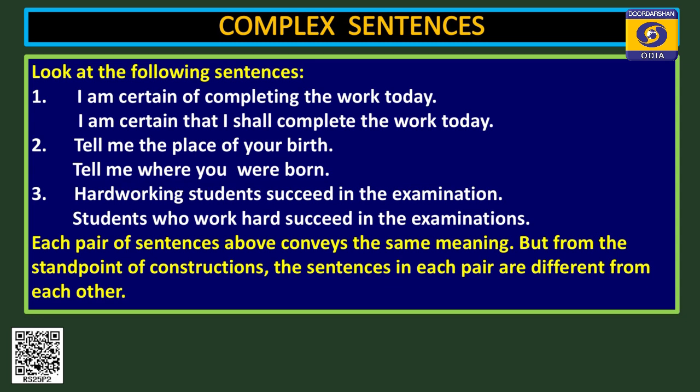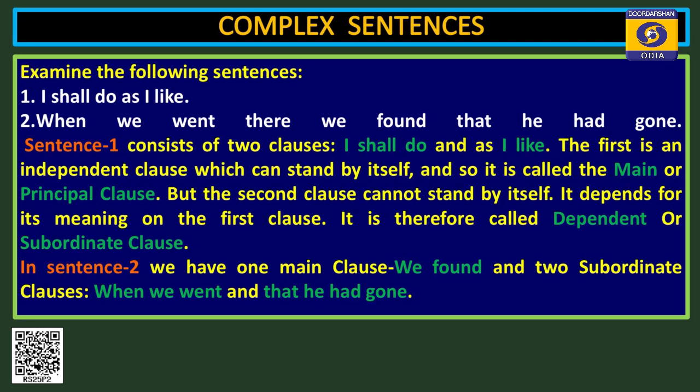So, in these cases the second sentences of each example are complex sentences and they have two clauses. The first clause is the main clause, the principal clause, and the second clause is the subordinate clause, right. Look at this: I shall do as I like, one example.